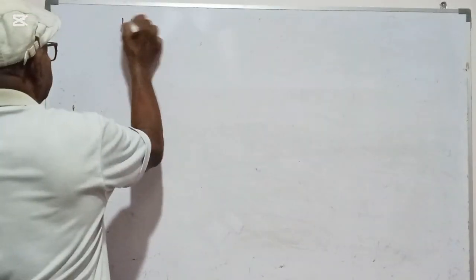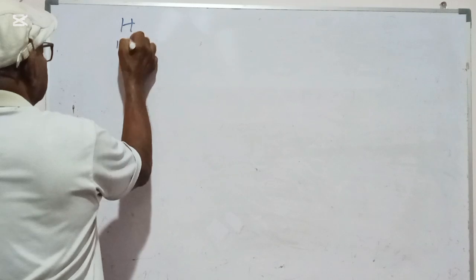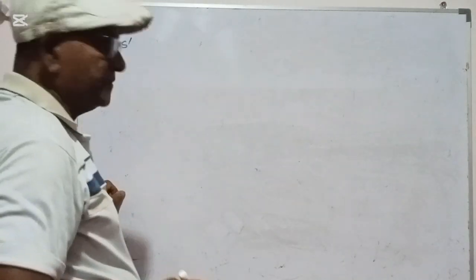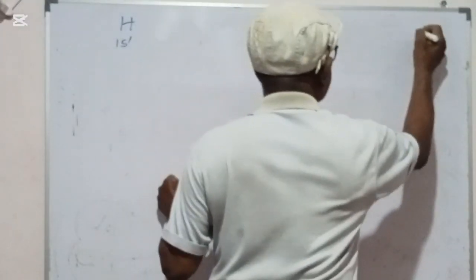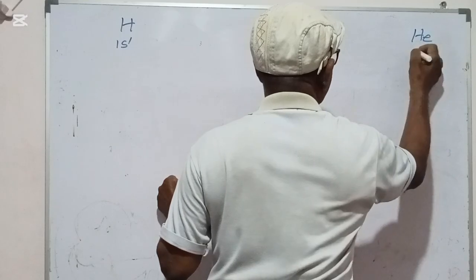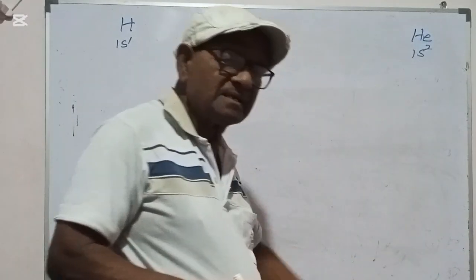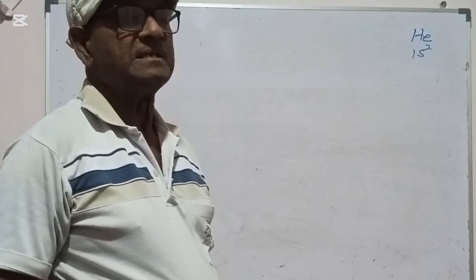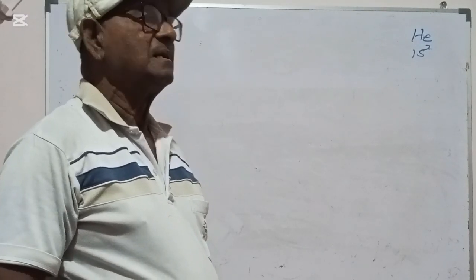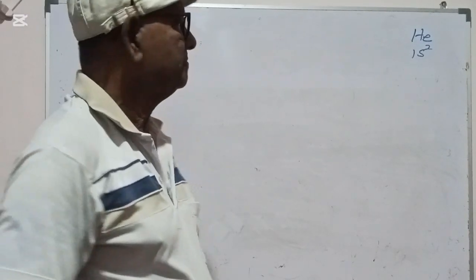Hydrogen, 1s1 configuration. Helium, 1s2. So helium has filled the first energy level, so it is a stable element.